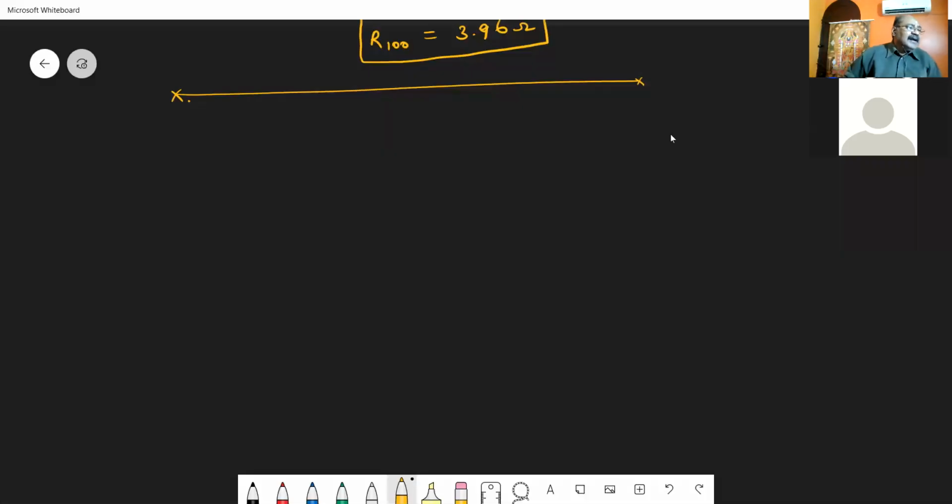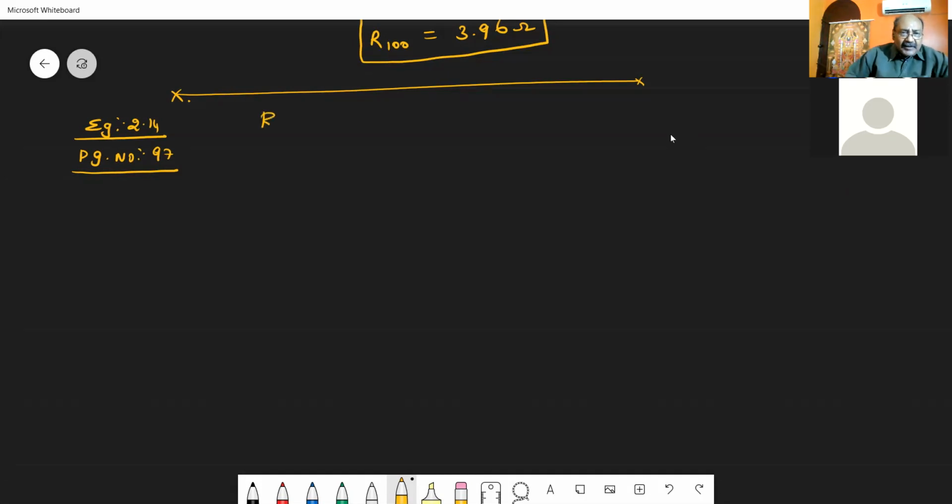The problem number 2.14. So we have to go for the example problem 2.14 available on page number 97. Come on, take down the problem. Resistance of a material at 20 degrees Celsius and 40 degrees Celsius are 45 ohm and 85 ohm respectively. Find the temperature coefficient of resistance.